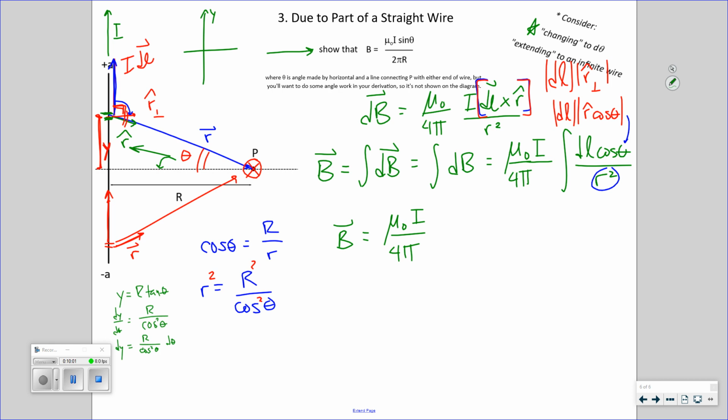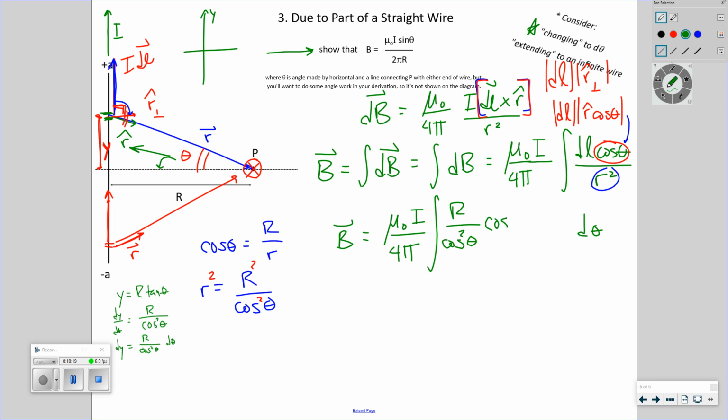So this dy in our expression is R over cos squared theta d theta. I'm going to put the d theta out here at the end. Now I'm going to keep this cos theta, that goes here. And now I'm going to do this divided by r squared.